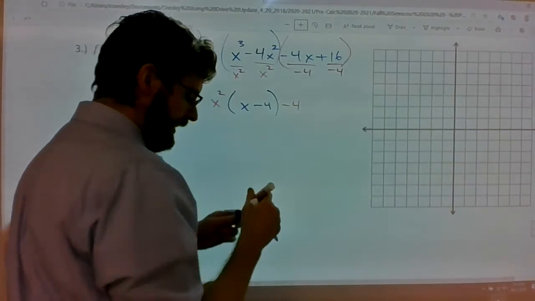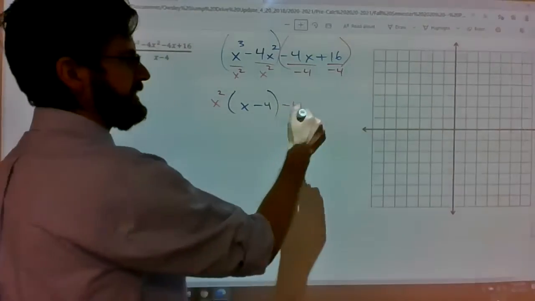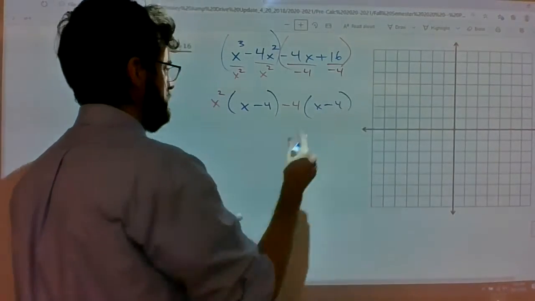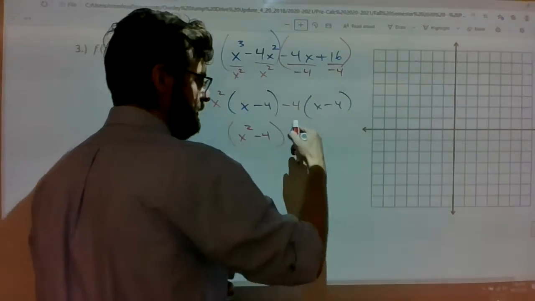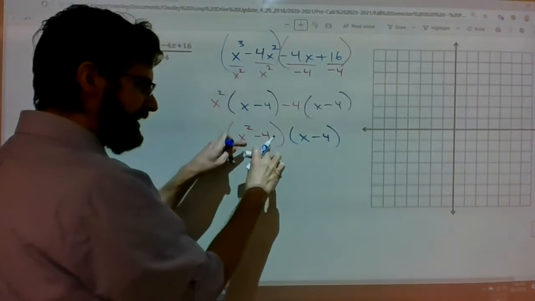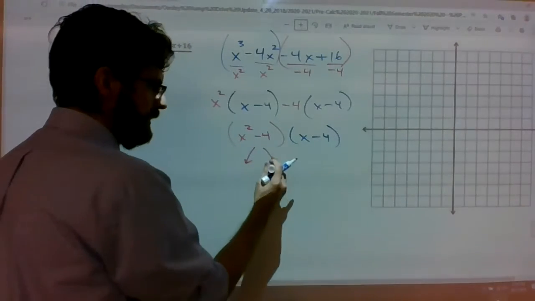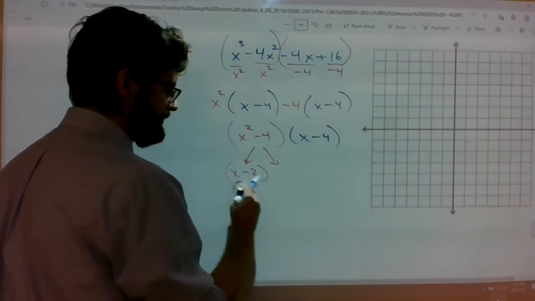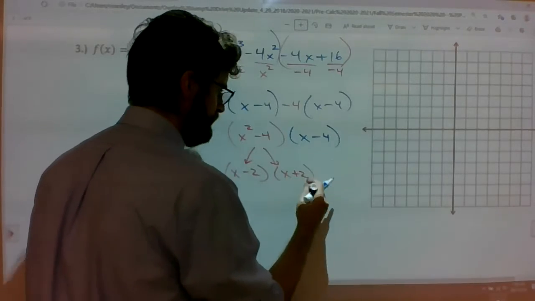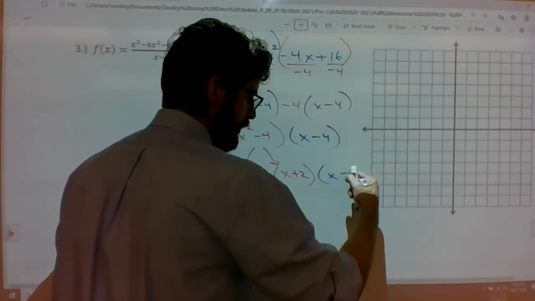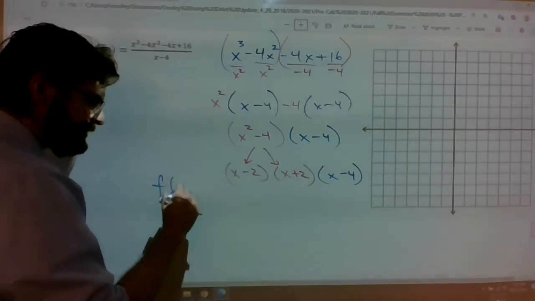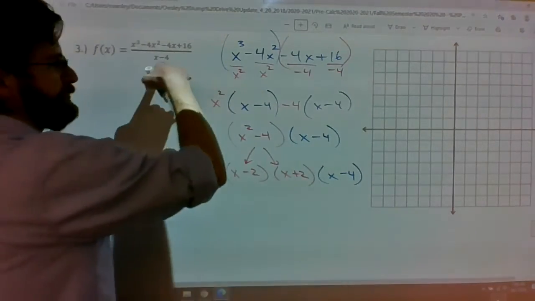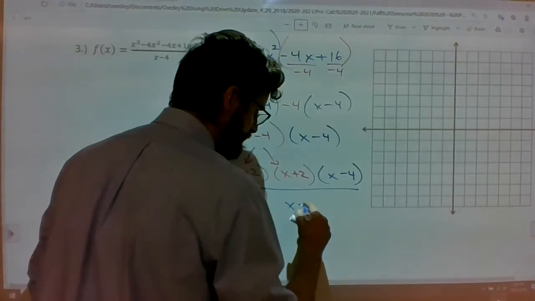Oh, I made it too obvious. Two differences of squares back to back. So you've got x squared minus 4 times x minus 4. This factors down to x minus 2 times x plus 2. Still got the x minus 4 going. And then over here, we just reincorporate the x minus 4 that's on the bottom part of this fraction.